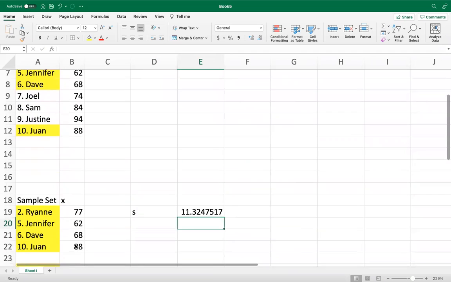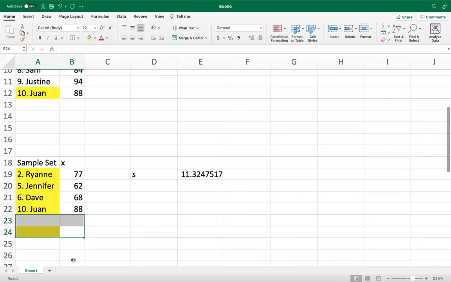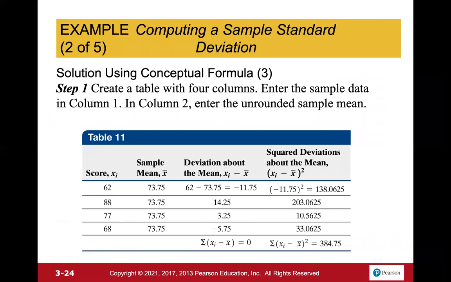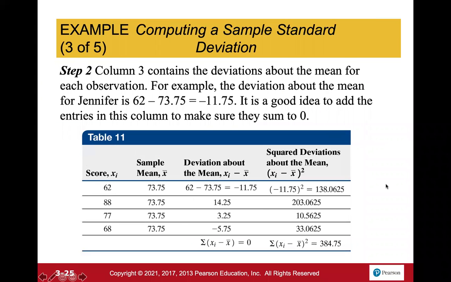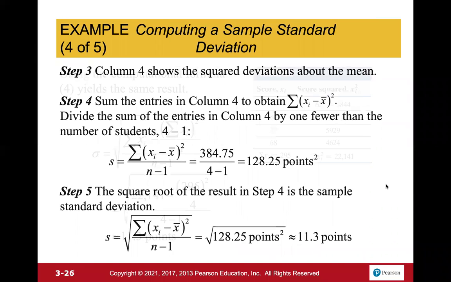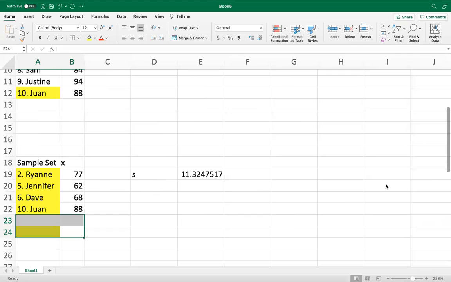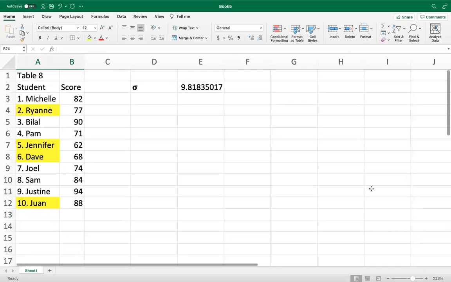We're able to just input it into the system here and it calculates the standard deviation for us. And let's see what they got. So here we have 11.3 for this population standard deviation.